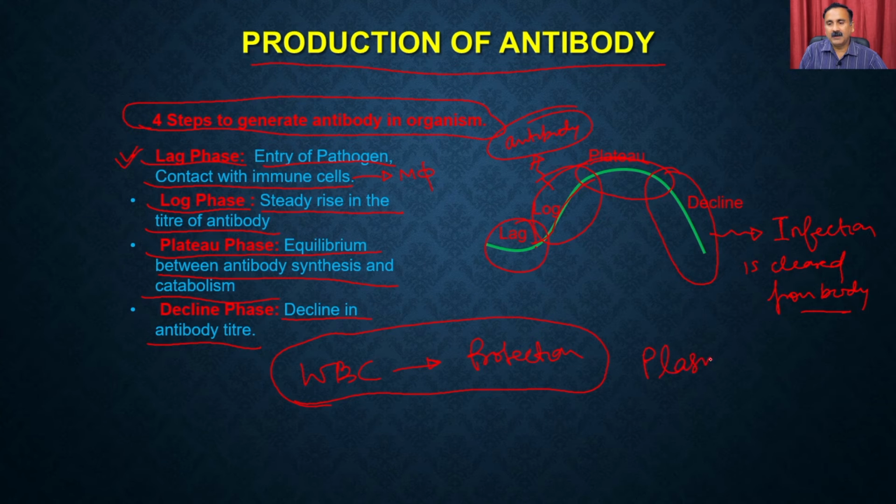So what the plasma therapy is doing is, the plasma therapy contains the antibodies, and these antibodies are doing the same function that we have just discussed. It's going to stimulate the immune response, so that it's going to clear the coronavirus from the body.